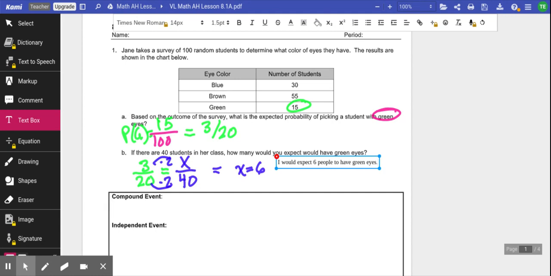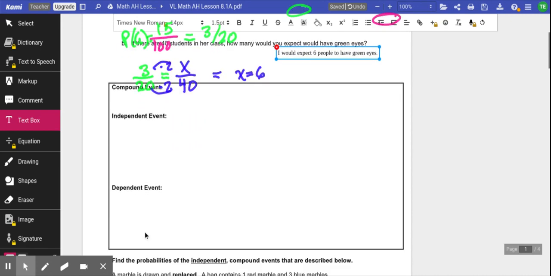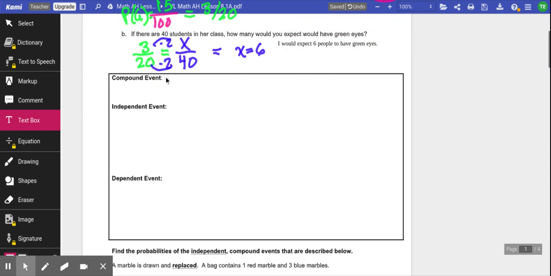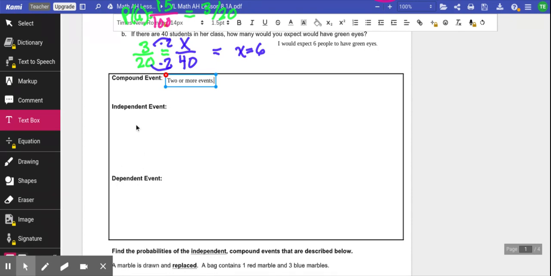Okay, so today we're going to introduce compound and independent and dependent events. So compound, when we make something a compound, that means we're putting things together. So compound just means that we have 2 or more events. Now, my 2 or more events can either be independent or dependent.